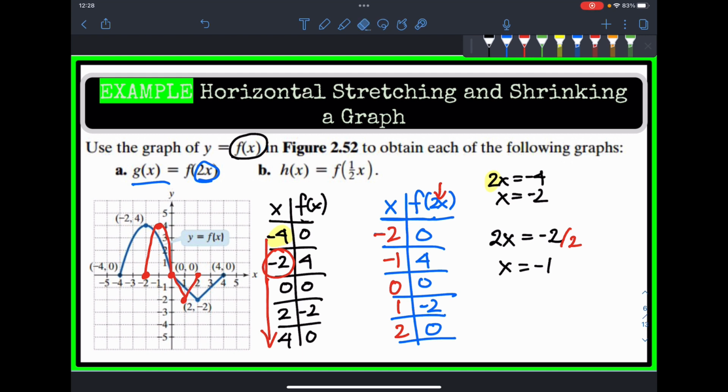So let's compare this again to H. So for H, you know what, let me do this in blue. Let me go back and put them in blue instead, so I can use red for the stretch.